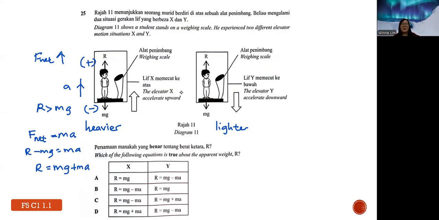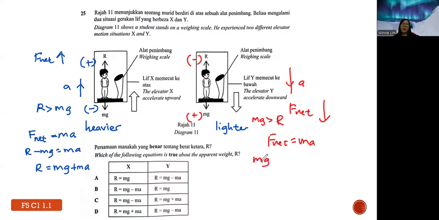But in the context of acceleration downward, your net force is generally downward. Then you will have F net equals ma. Same thing. But in this case, mg is greater than R because the net force is downward. So you need to know this context: mg is greater than R. So I will assume mg is positive now, R is negative.